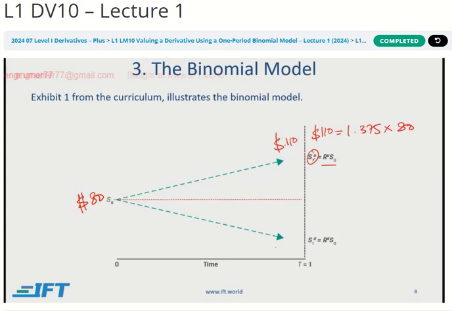And if you're going down to 60, then S down is 60, which can also be written as the down return, 0.75, multiplied by S0, which is 80. So this is the basics of the binomial model. In the next video, we will use this binomial model to calculate the price of an option.